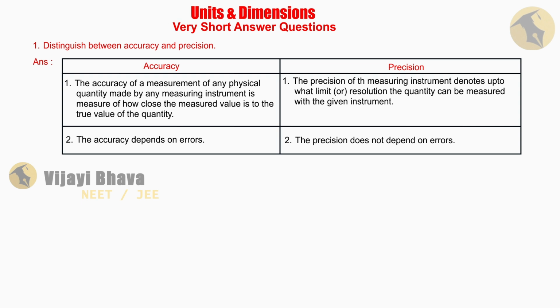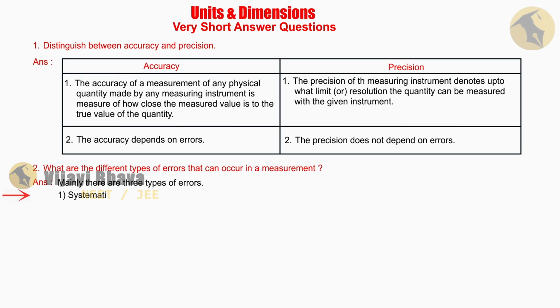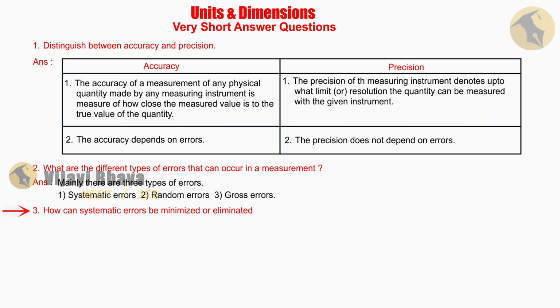The next question in this series, what are the different types of errors that can occur in a measurement? The different types of errors that can occur in a measurement are systematic errors, random errors, and gross errors. The next question, how can systematic errors be minimized or eliminated?